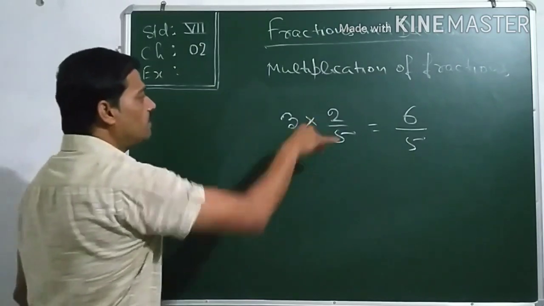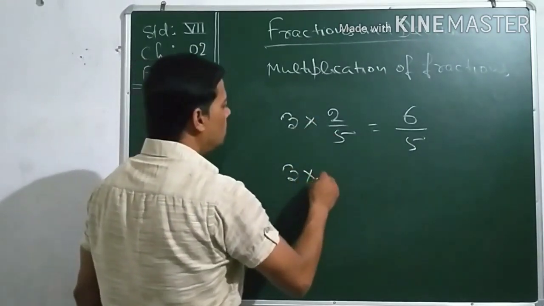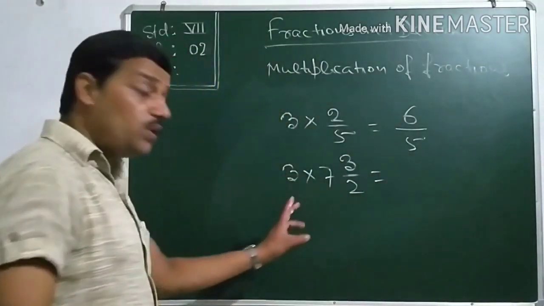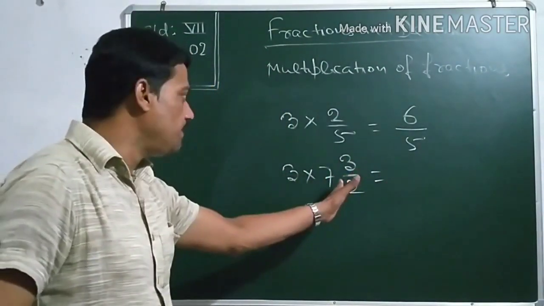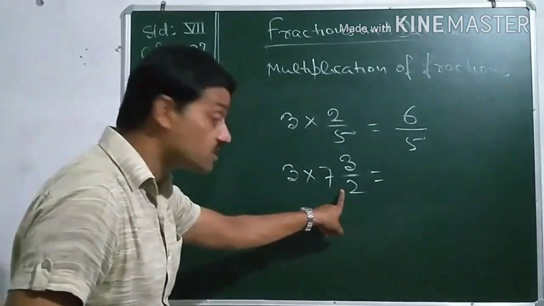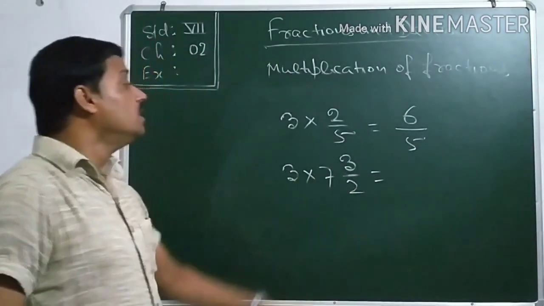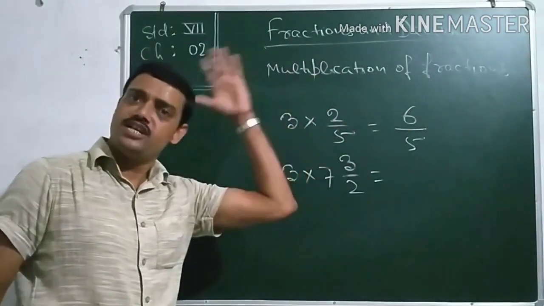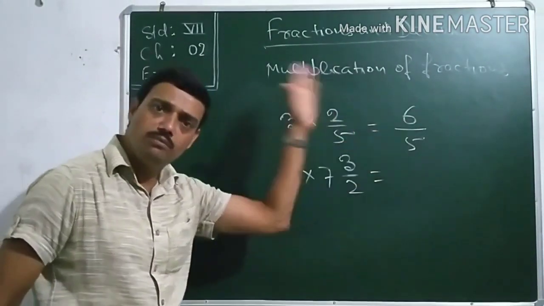What to do when the fraction is improper? In this case, we will first convert the mixed fraction. This fraction is a mixed fraction. If the fraction is improper, then it is very simple: multiply the numbers you get.